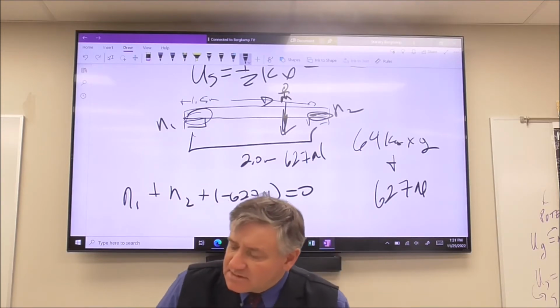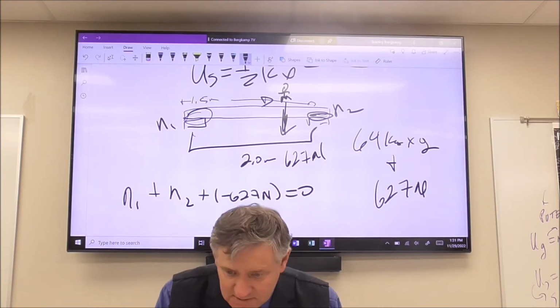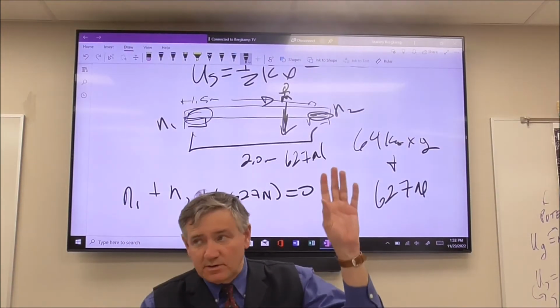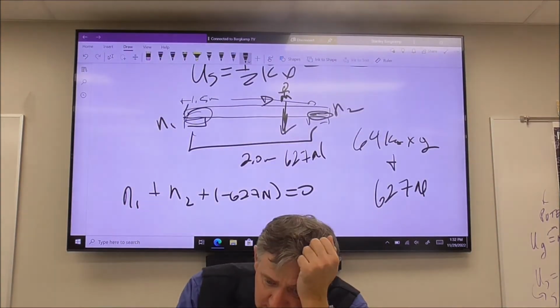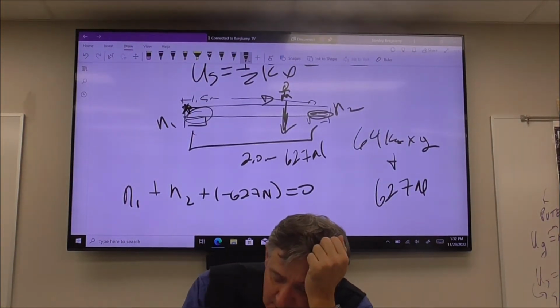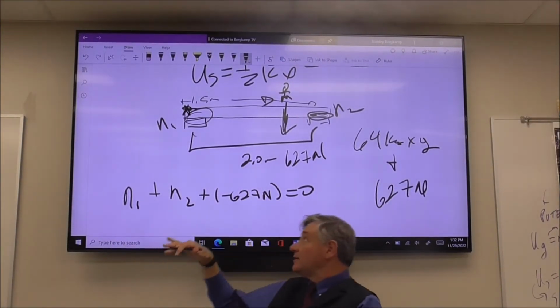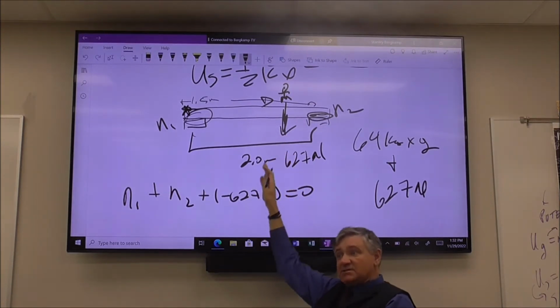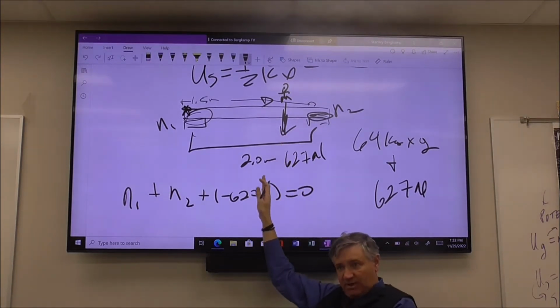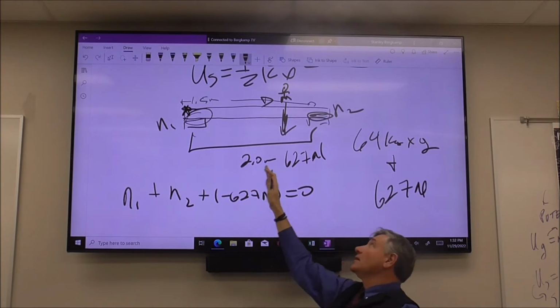Now, this is where the next part comes into play, basically in terms of torque. So if you consider this thing pivoting around here, this weight is trying to drag this thing in this direction, like it's creating a torque.